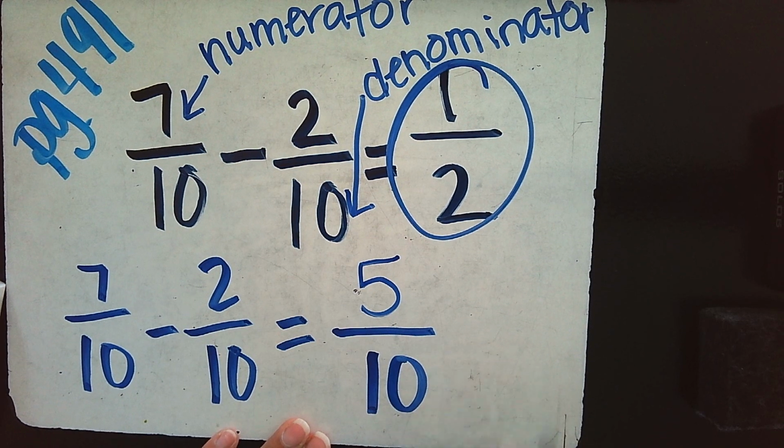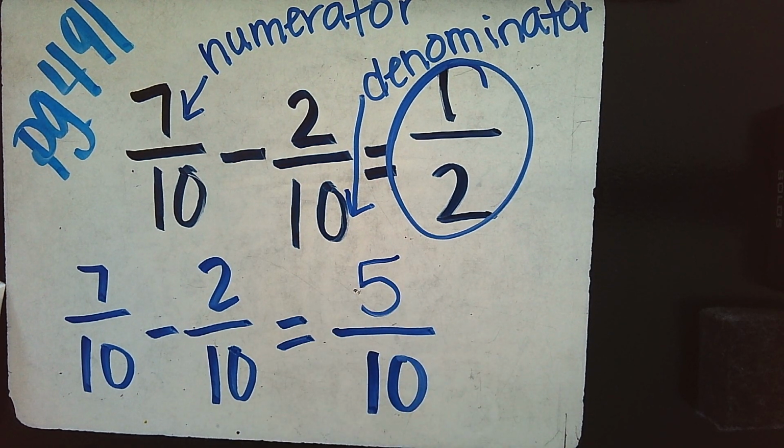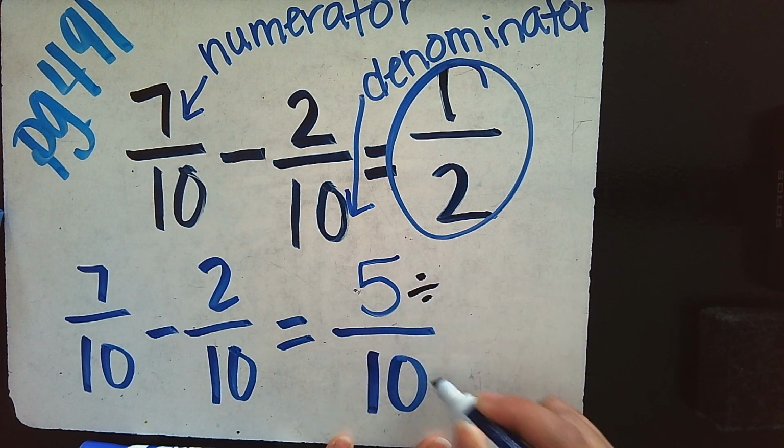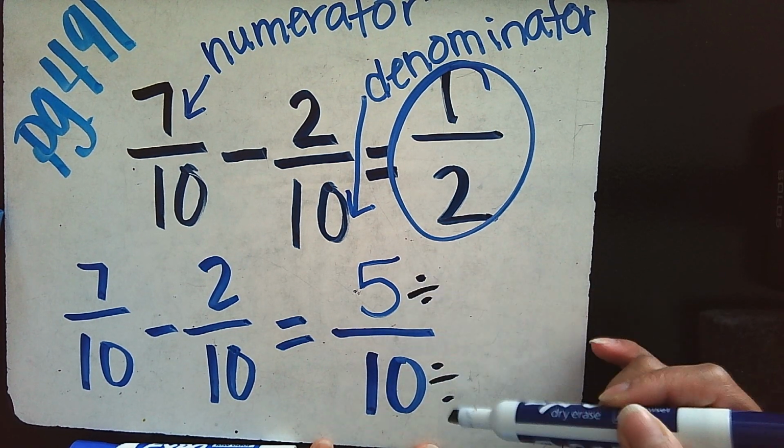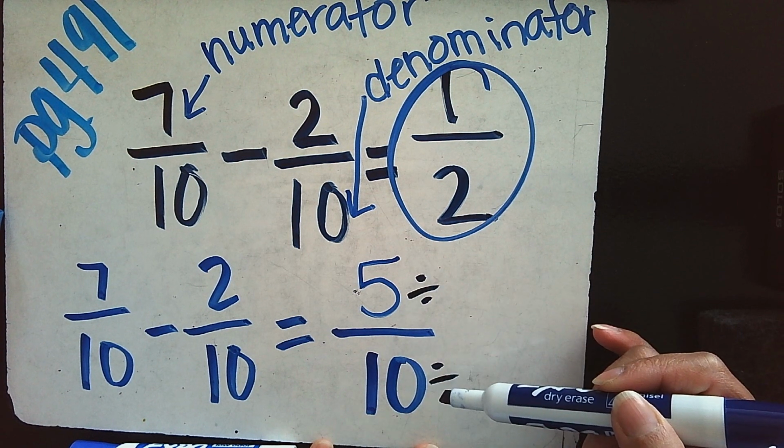Then I am not done yet. I'm going to look, is 5/10 reduced? Can it be reduced or be made into a simplest form? Ask yourself that. If you say yes, think what number can you divide these numbers into?